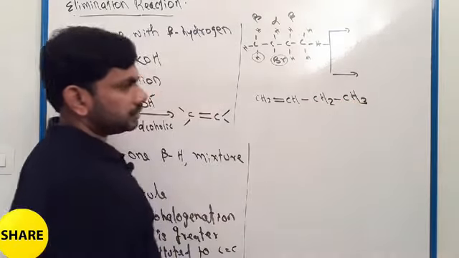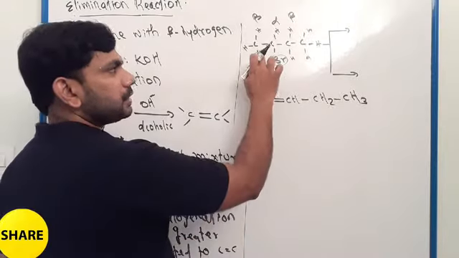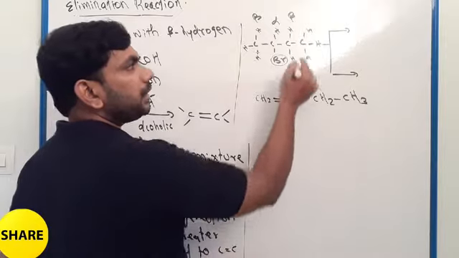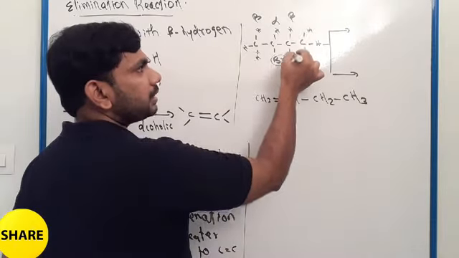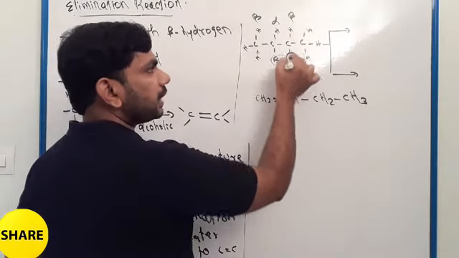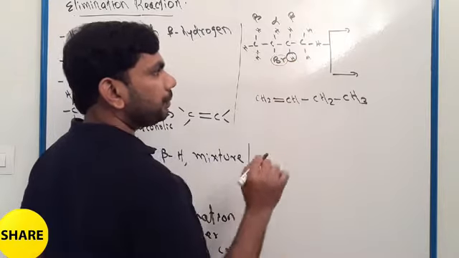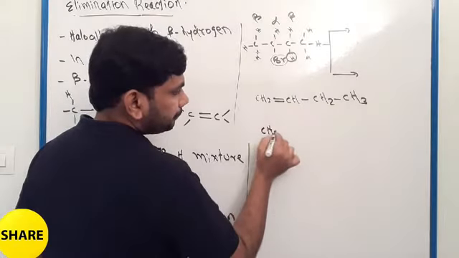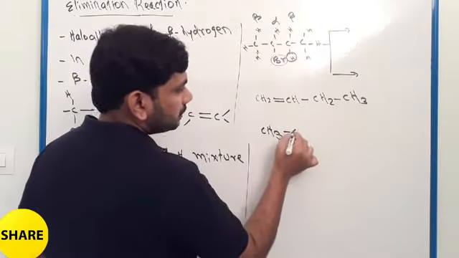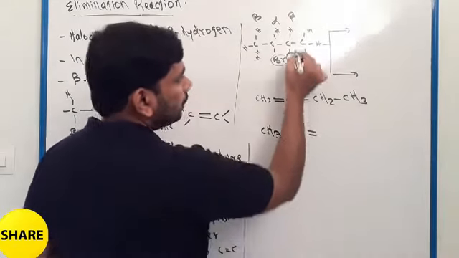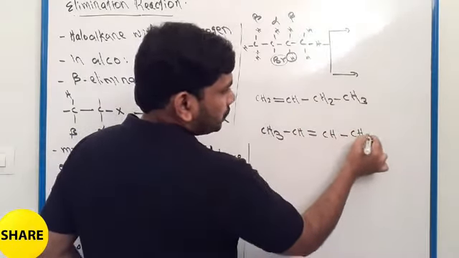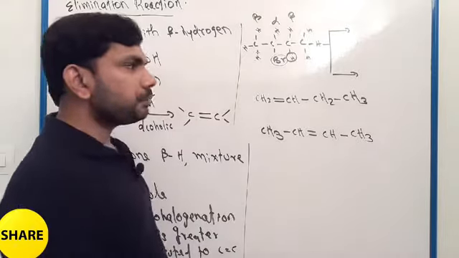This is one product. Another possibility: a beta hydrogen from here, one of these hydrogens and bromine will be removed. So CH3-CH=CH-CH3. These are the 2 possible products.